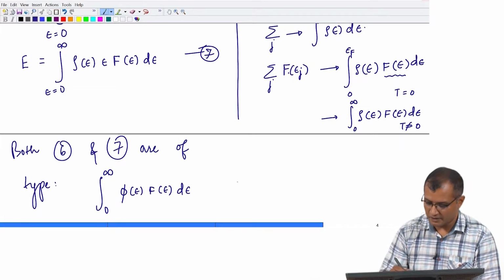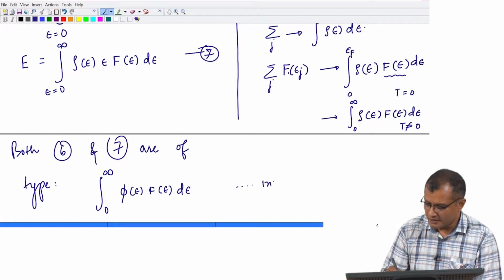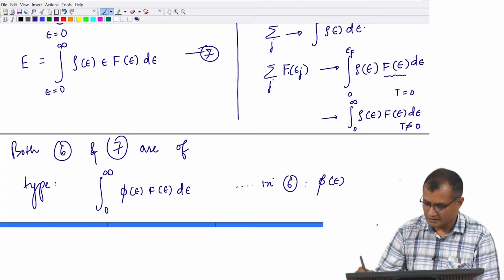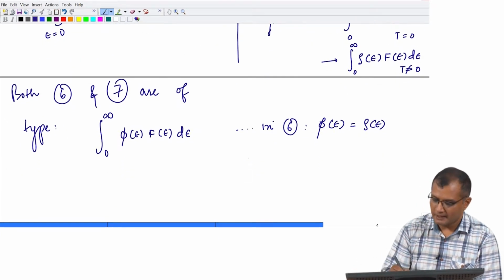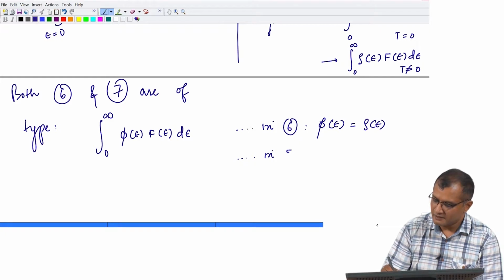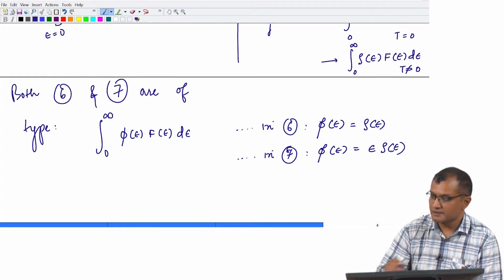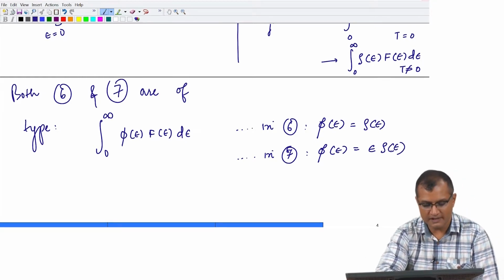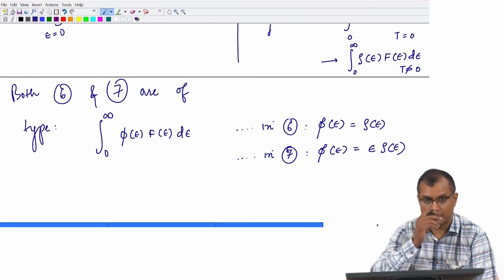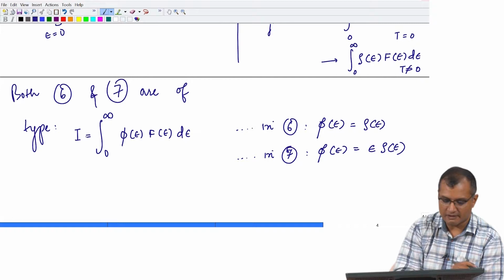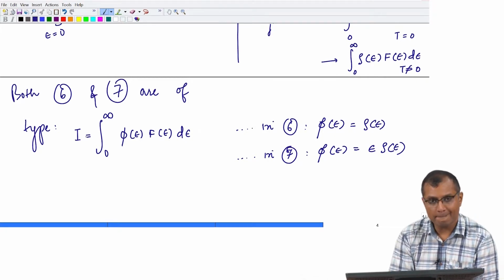For example, in equation 6 we have taken the function phi as nothing but the density of states. And in 7 we have taken the function phi as E times the density of states. So, both 6 and 7 are of this type. I am going to call this integral as integral I.